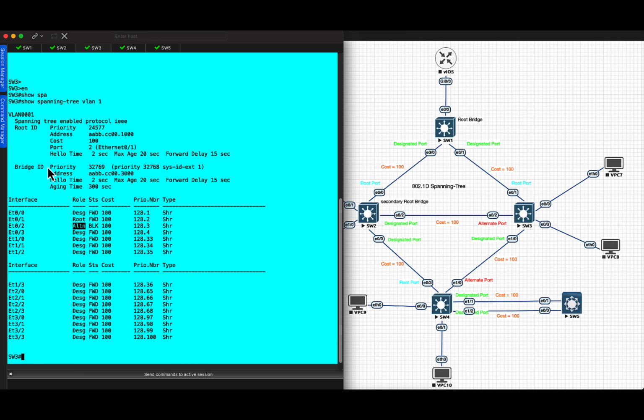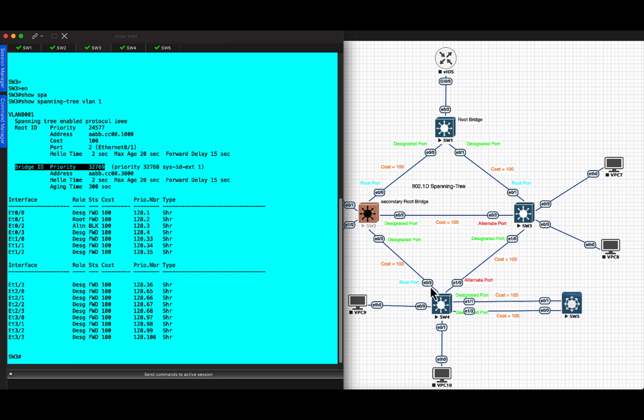Switch 3 has a bridge priority of 32768, which is higher than switch 2, right? And switch 4 uses E10 to go to switch 3 as the neighbor. So between switch 2 and 3, which are the neighbors of switch 4, switch 4 would prefer to go through switch 2 to get to the root bridge.